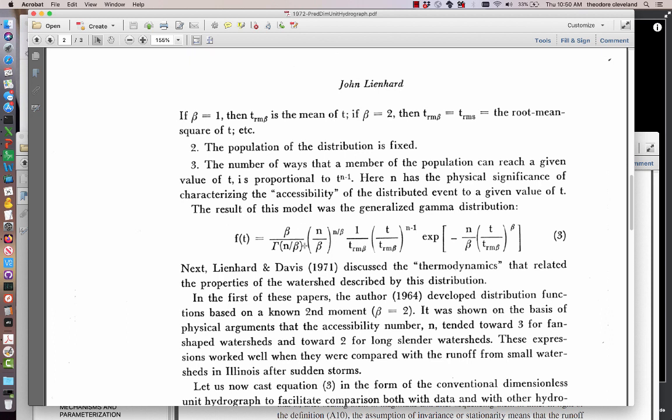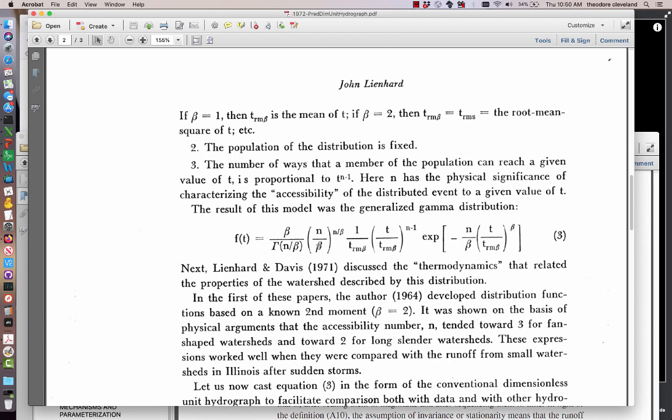And so at this time, this is 72, they were trying to use simple descriptions of a watershed to parameterize a unit hydrograph. What we're doing right now, short term, is we're going to use actual data and essentially fit an equation like this. So we're going to force the betas, n's, and the TRM beta to make the best fit of observations.